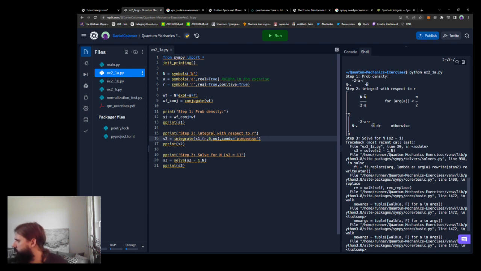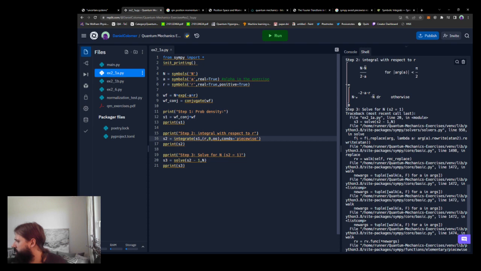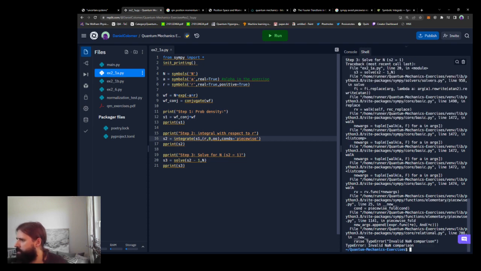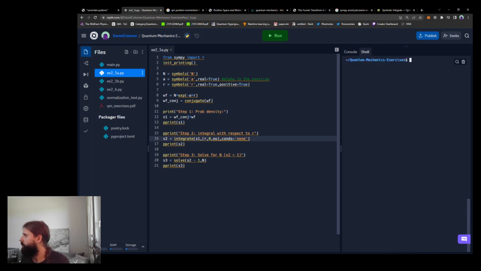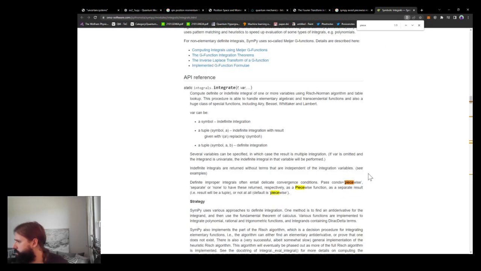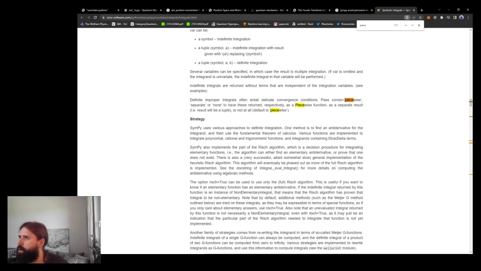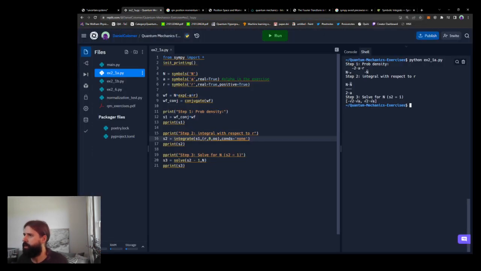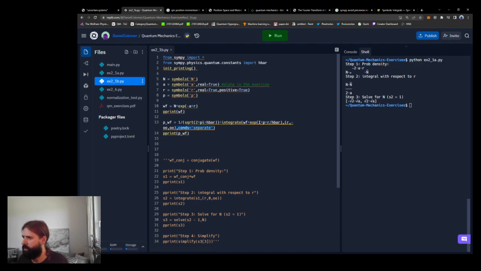But then solve breaks. Invalid non-comparison. I definitely have to dig more into how the integrate method works. That's interesting. Conds non. It's definitely interesting. I have to probably deep dive into these a bit more. I should just probably keep it as a note here.